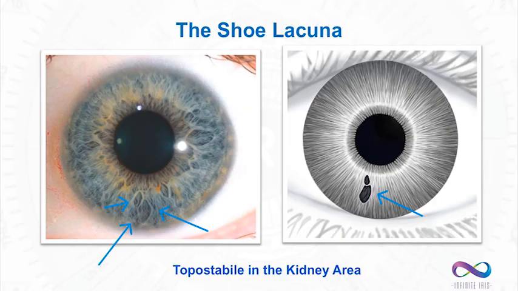But if we see the shoe lacuna in any other part of the iris, such as in the heart area, if the shoe lacuna showed up here at 3 o'clock in the left iris, it would be topolabile to the kidney, but we would also ask questions about the heart. The shoe lacuna always means that there's a tendency for kidney deficiencies.